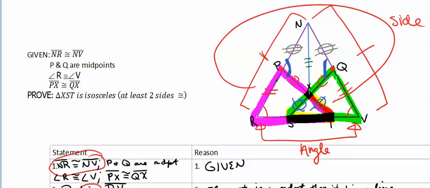Once we establish that they're supplementary, we can then establish that RPT is congruent to VQS, because if congruent angles are supplementary to congruent angles, then they are themselves congruent.